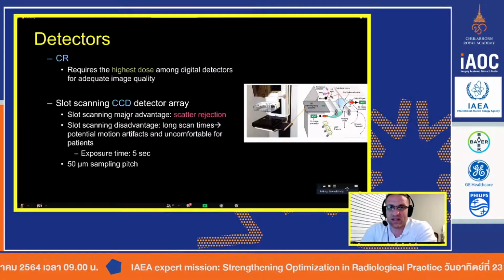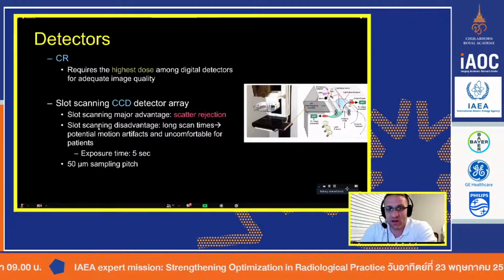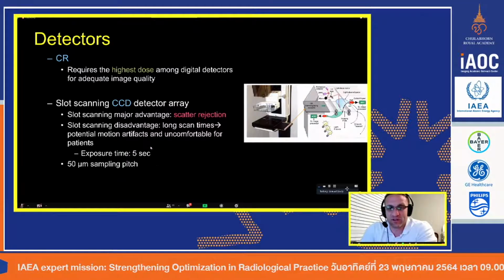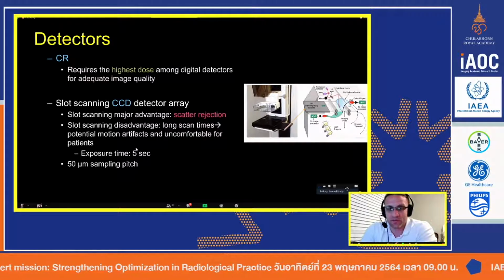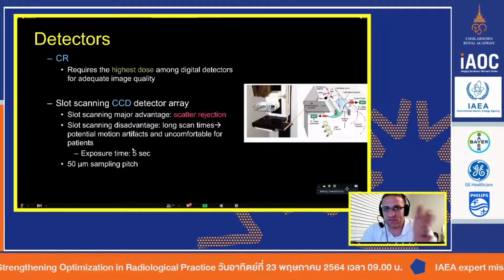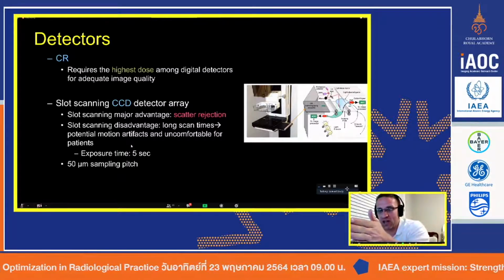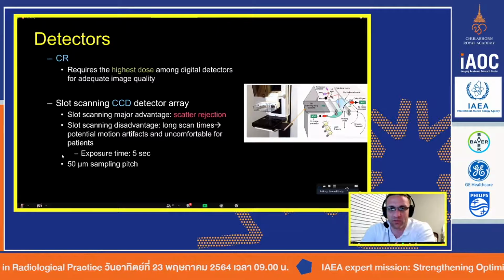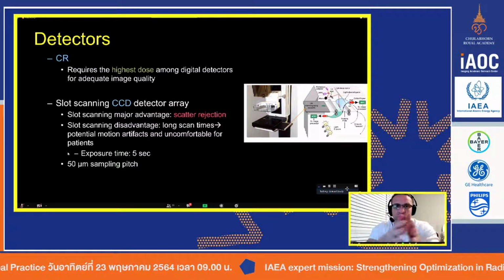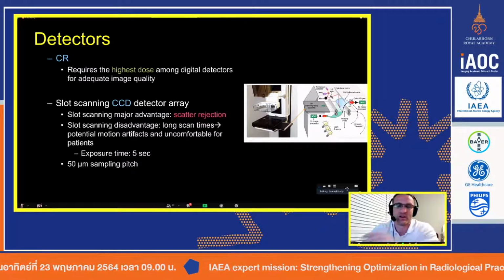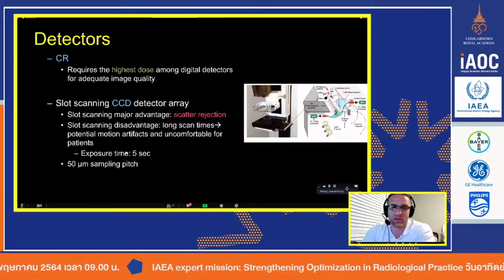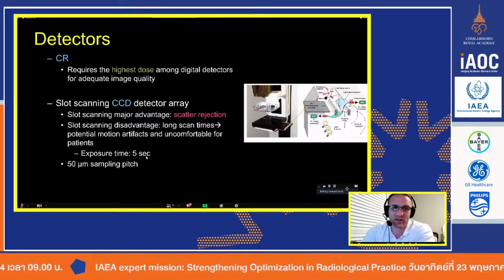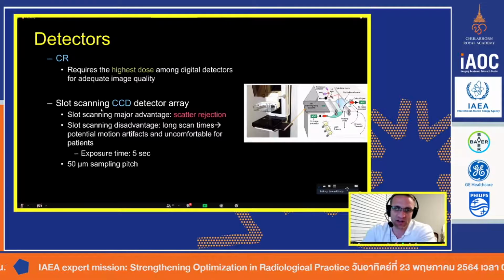Therefore, it doesn't necessarily need as much radiation. But the system typically is on for a long time, 5 seconds or so, because it just takes a finite amount of time to scan the entire breast. Bigger, thicker breasts, the broader the breast as it's compressed, require more scan time. So therefore, there tends to be a little bit more motion error in this. These slot scanning ones are not as common.